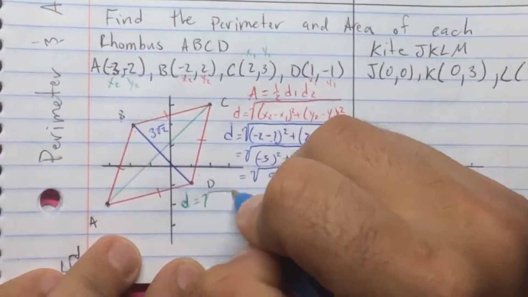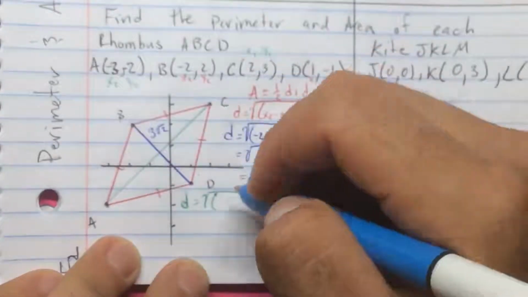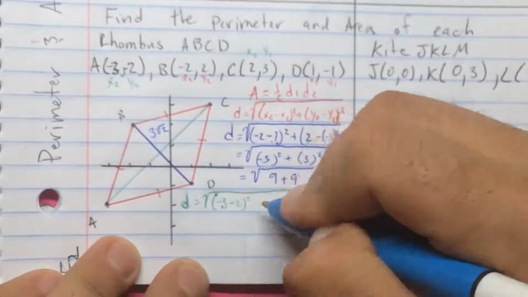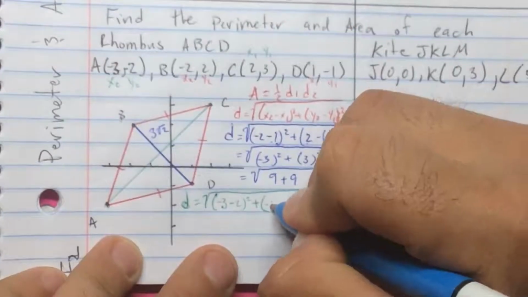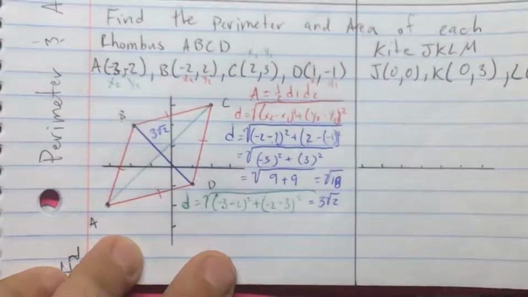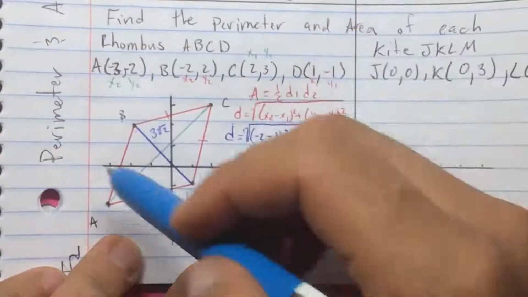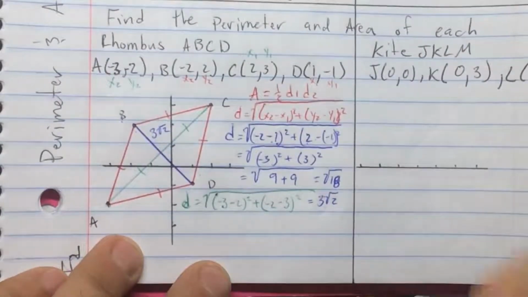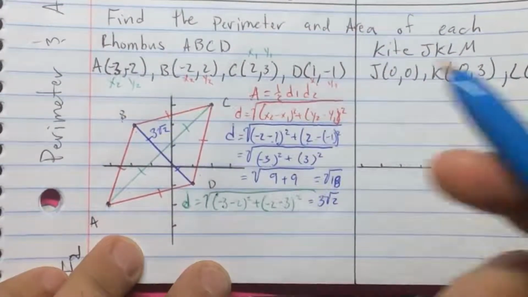So we have the square root of x2, which is -3, minus our x1, which is 2, squared, plus our y2, which is -2, minus our y1, which is 3, squared. Oh, they all kind of worked out. Well, it has to work out nicely, right? Because they are the same, because this is also the same as this, and this is also the same as this. All right, but I digress.